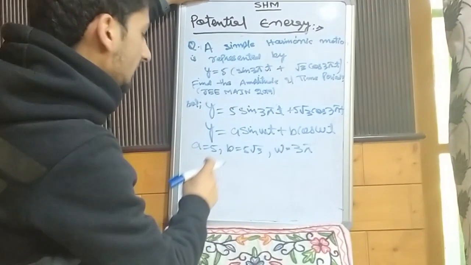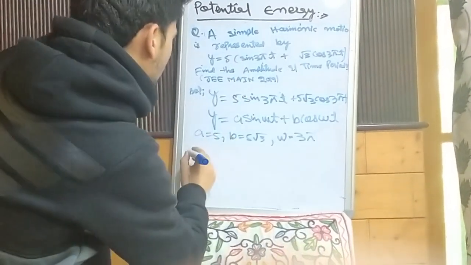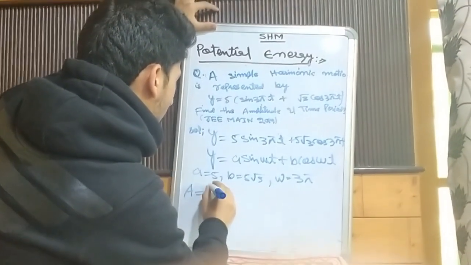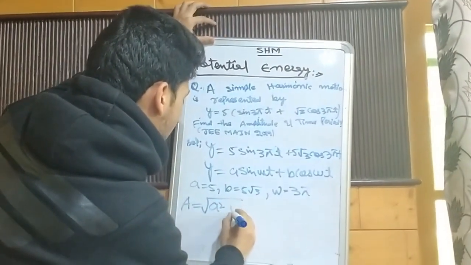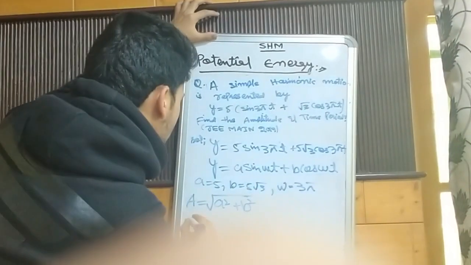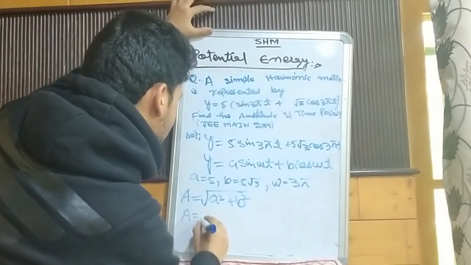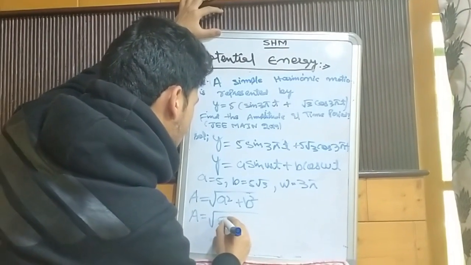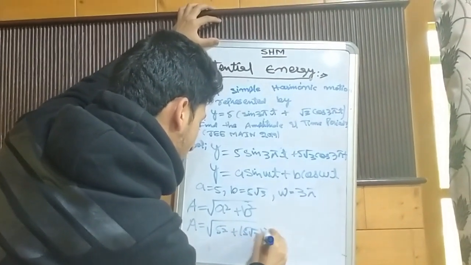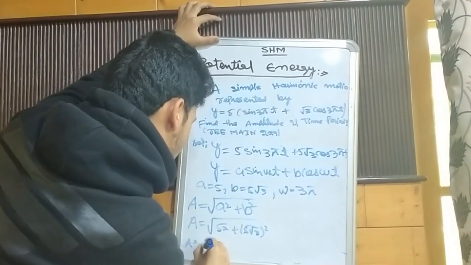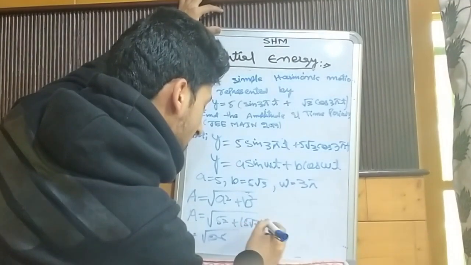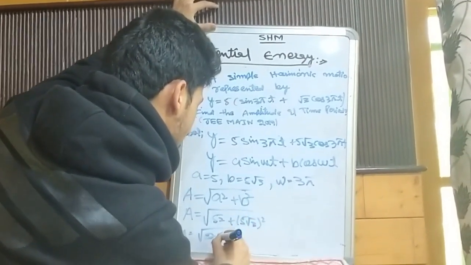In such cases we use a formula: amplitude is equal to under root of a square plus b square. This we have already discussed in the first lecture. So amplitude will be under root of 5 square plus (5 root 3) square, which is under root of 25 plus 25 into 3, that is 75.